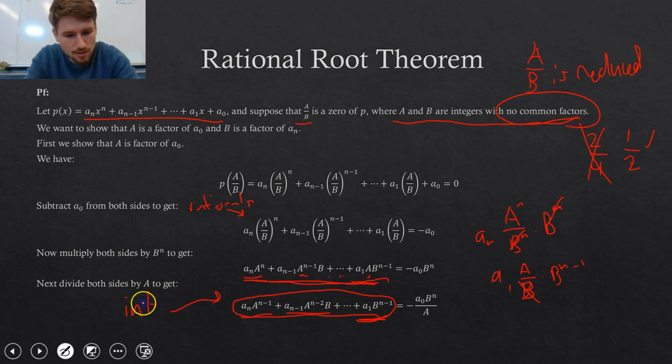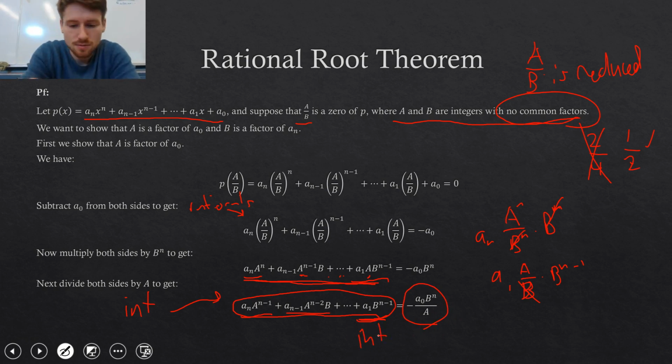This is an integer. Because an is an integer, an minus 1, each coefficient is an integer. Big A is a whole number, big A is an integer, and big B is an integer. And we're just multiplying out and adding lots and lots of integers together on the left. And so that tells us that over here must be an integer as well.